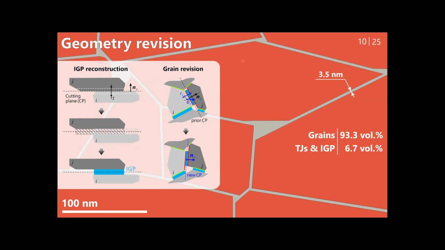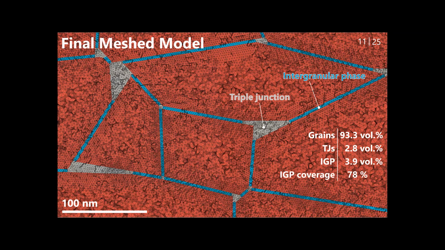So if the mesh size is about 2 nanometers, it means that small edges, small areas with less than a couple of square nanometers, all this should be eliminated during geometry regularization. And this was implemented, and after meshing, you can see the final status.